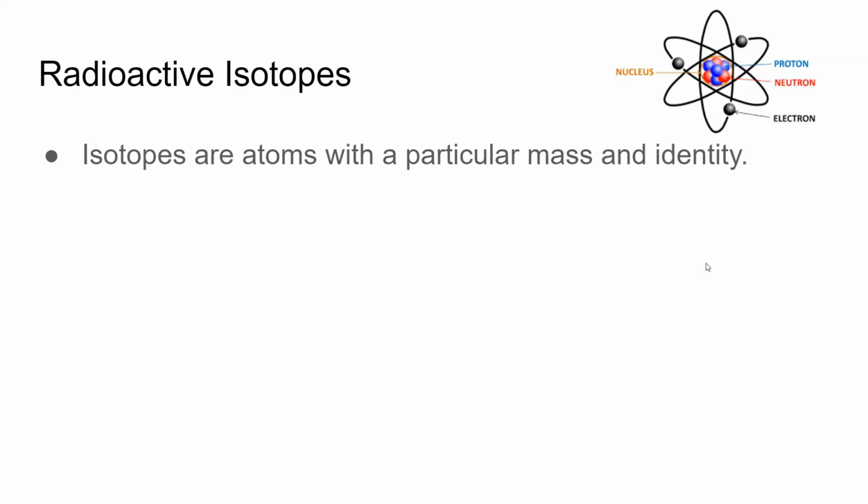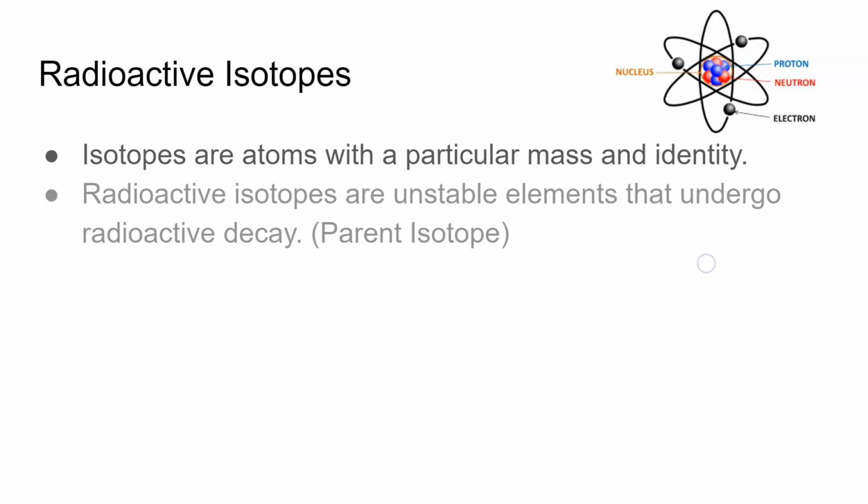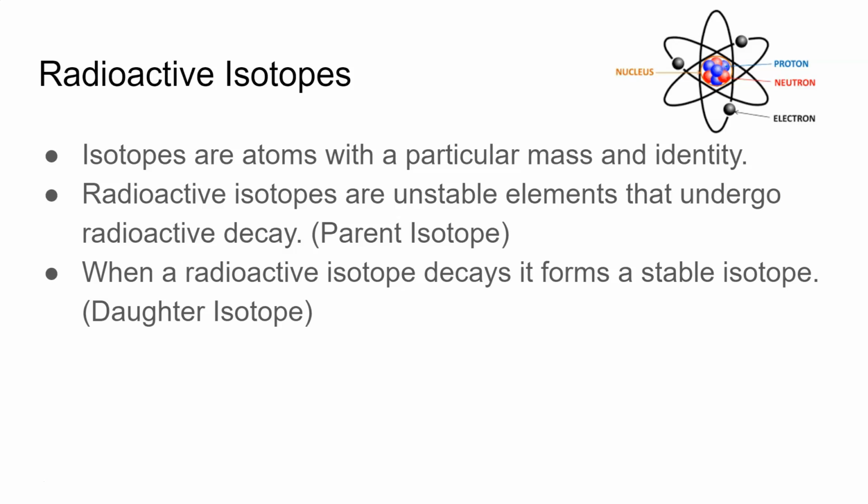Isotopes are just atoms, but they have a particular mass and identity. Radioactive isotopes are unstable elements that undergo radioactive decay. We call that the parent isotope. So what you're starting with is unstable, and it's going to decay or break down into what's called your daughter isotope.